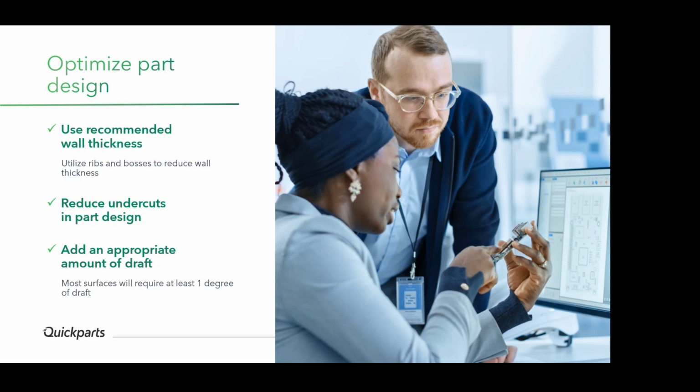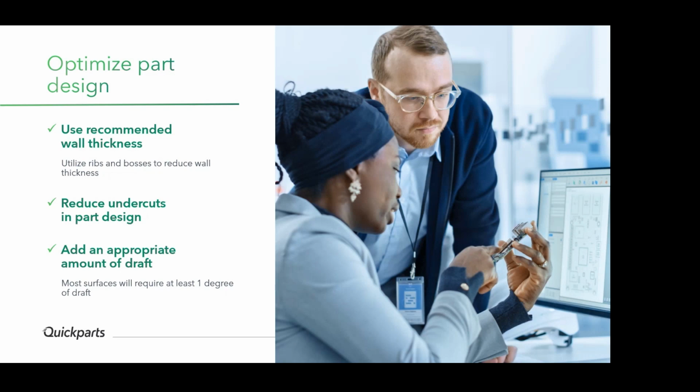You can capture many undercuts in one direction instead of having like 8 or 10 different undercuts in 8 or 10 different directions. That will cause so many side actions. That's not desirable. It will add cost, it will add money, and it might increase the chances of quality defects. Reduce undercuts.